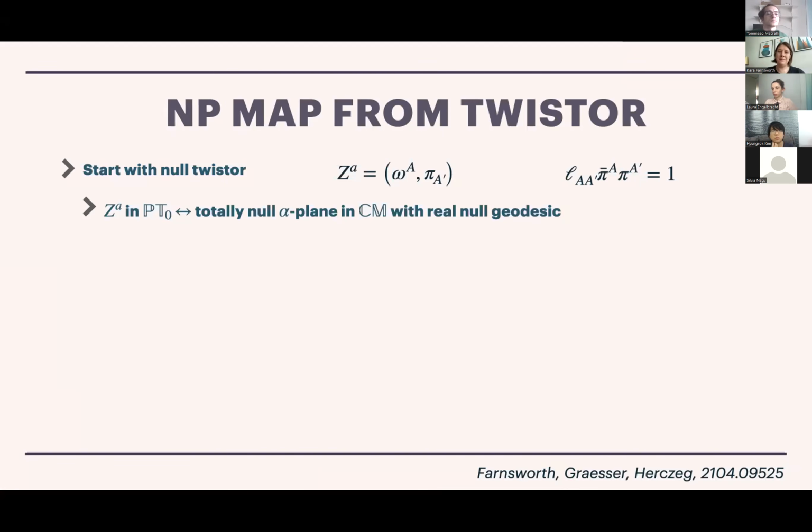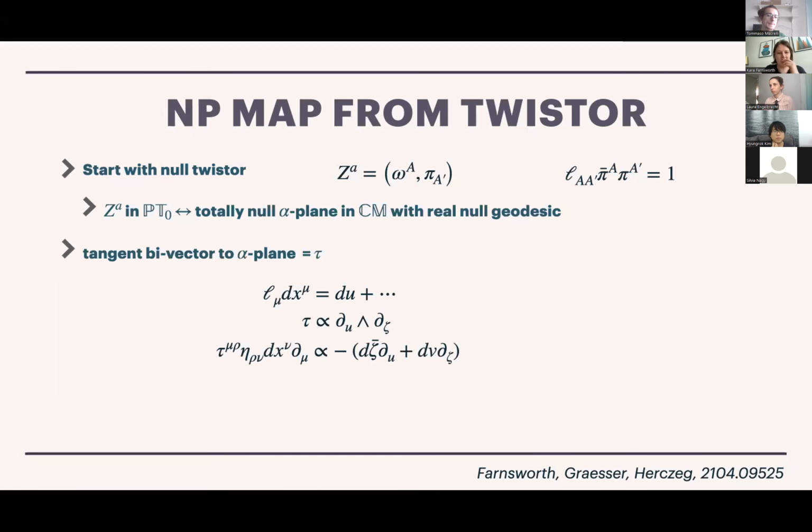So I know I'm not going into all the technology that's in this. If you know it, that's cool. If not, I'm sorry. So the totally null alpha plane, it's in complexified Minkowski, so it makes sense that it's totally null. There's going to be a tangent bivector associated with that alpha plane, and I'm calling that tau. So basically, if I have the normalization of L where the coefficient of du is set to 1, that tells me something about my null twistor, which is going to tell me something about the alpha plane.